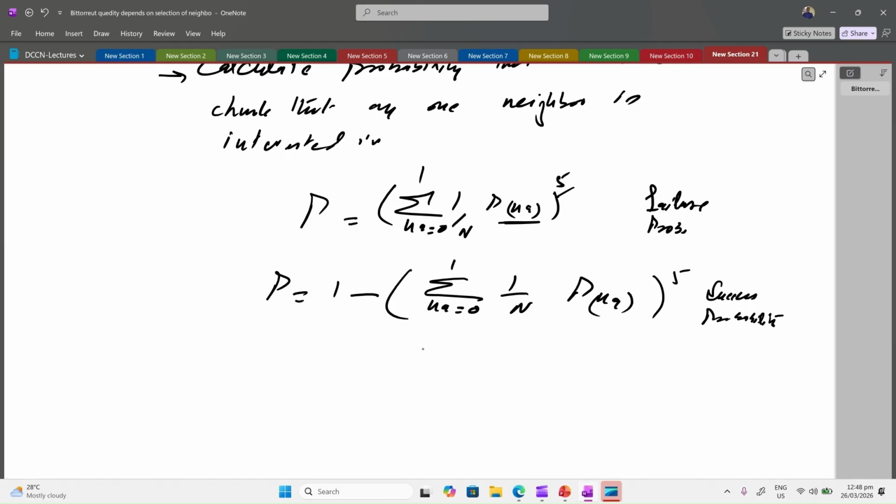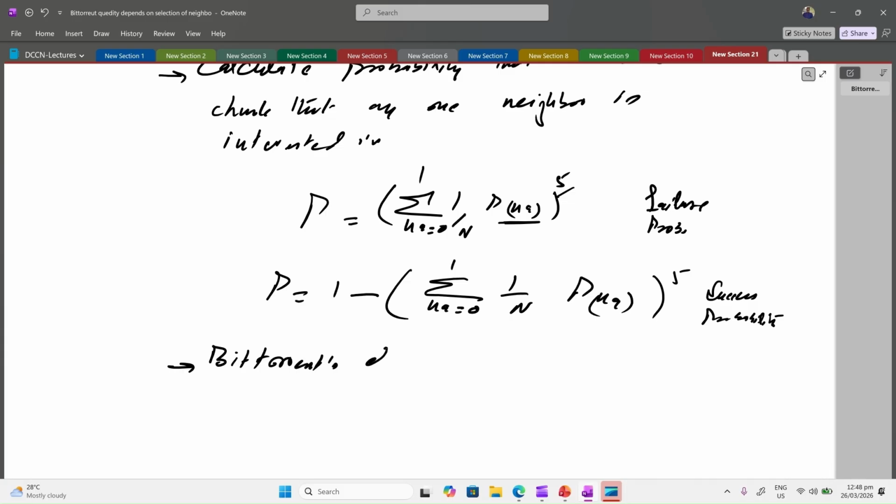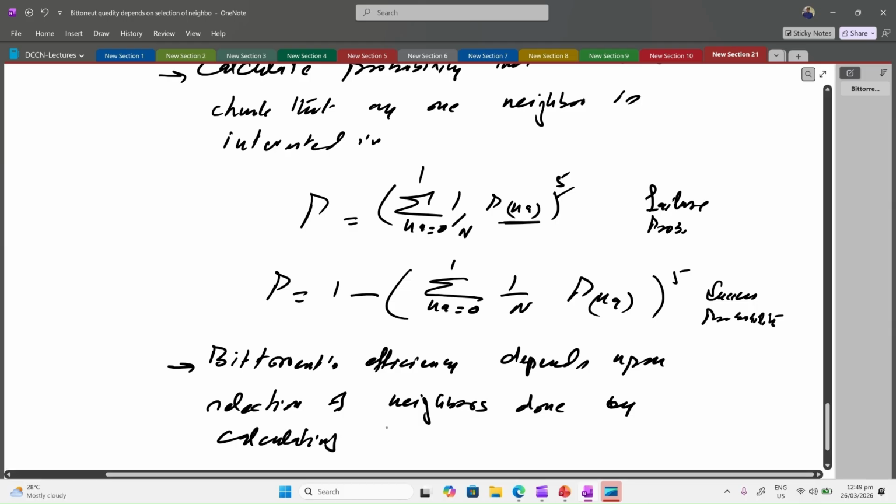The purpose of presenting all these probabilities is to emphasize the fact that BitTorrent's efficiency depends upon the selection of neighbors done by calculating different probabilities.